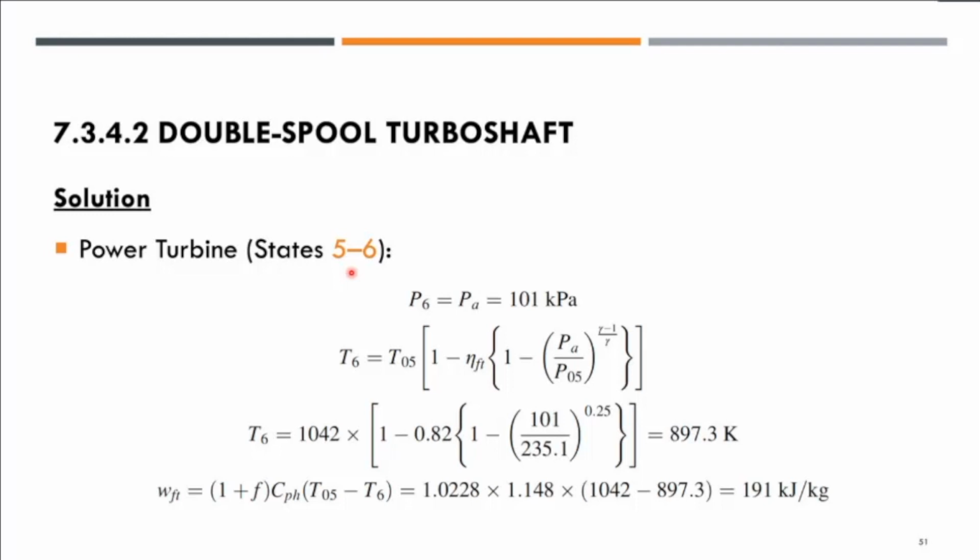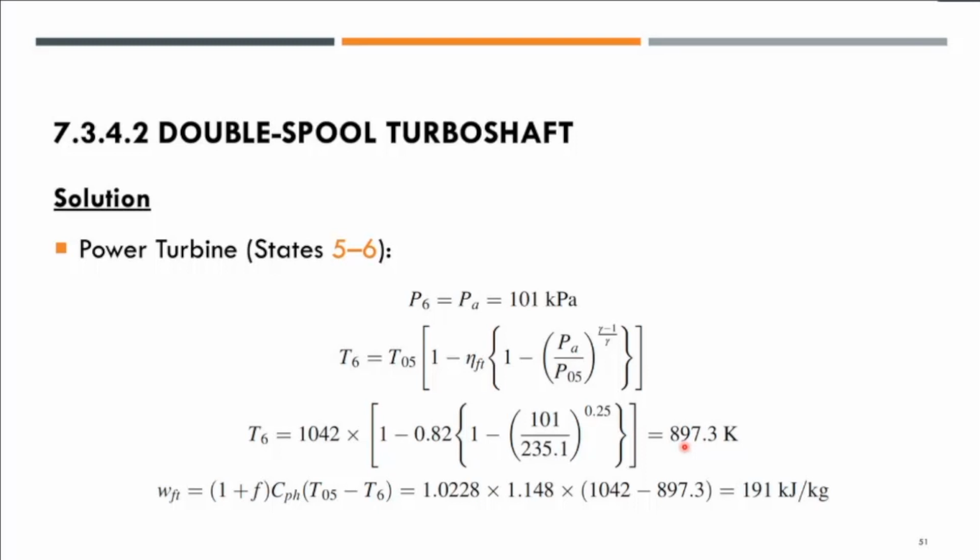Moving into the free power turbine, state 5 to 6, we know that P6 equals ambient, atmospheric. We assume it is fully expanded, equivalent to the atmospheric pressure, 101 kilopascal. Then you can obtain the value of T6, which is still very high but lower than the temperature at the gas generator turbine just now.